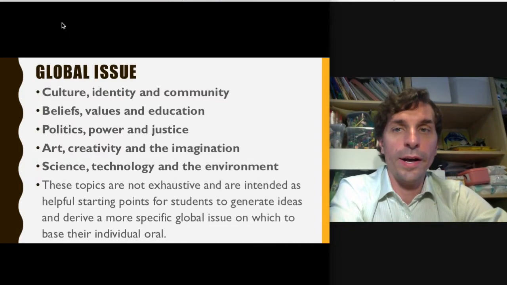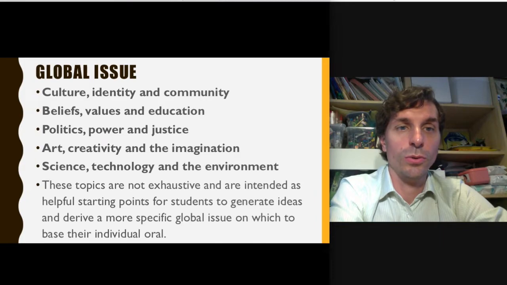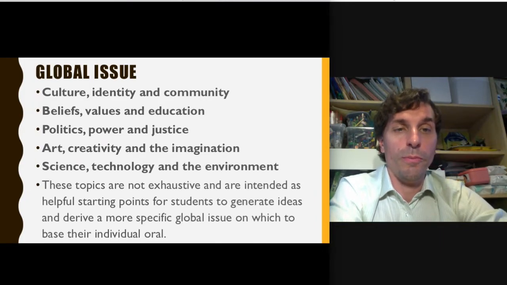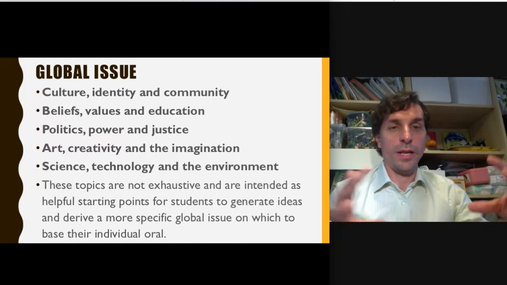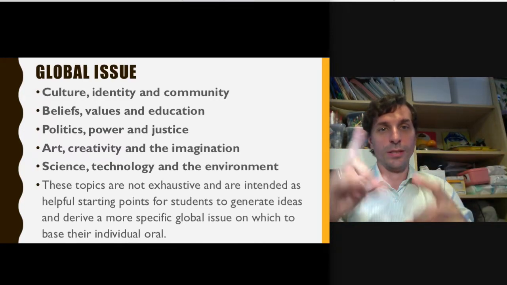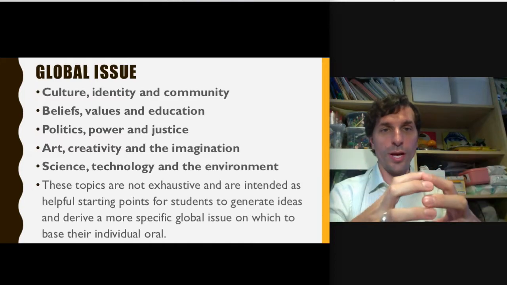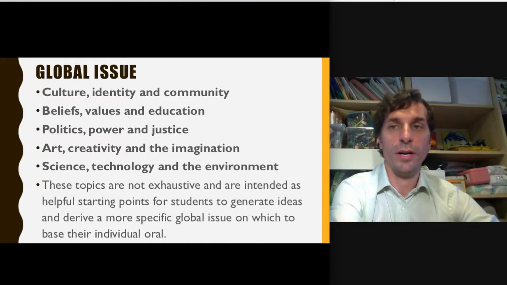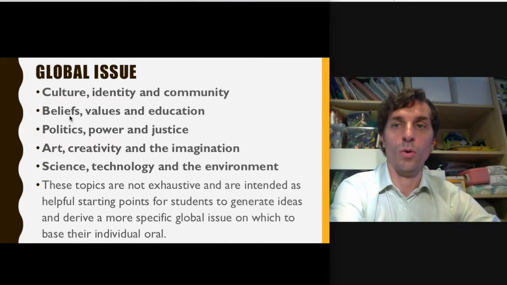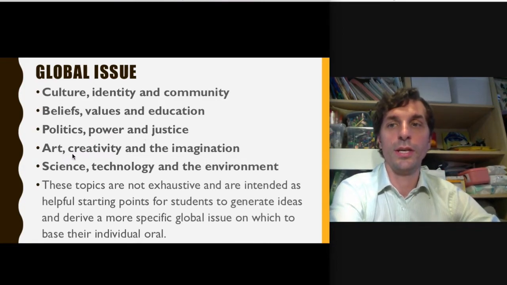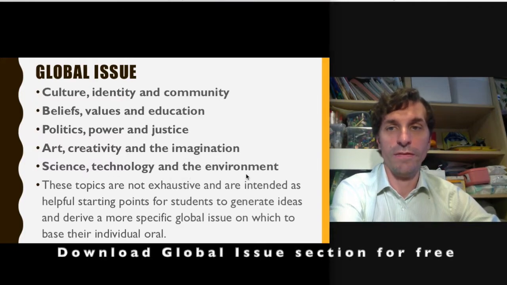There are 5 areas that are suggested by IB as global issue starting points. You need to pick one that connects your 2 texts, so one that connects across both extracts from culture, identity, and community, or beliefs, values, and education, politics, power, and justice, art, creativity, and the imagination, science, technology, and the environment.